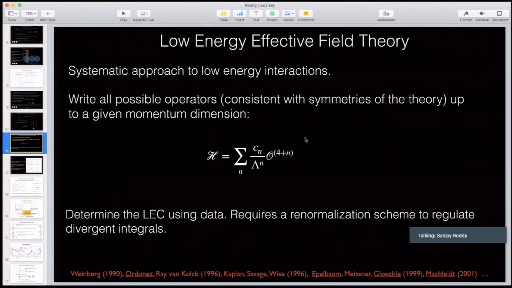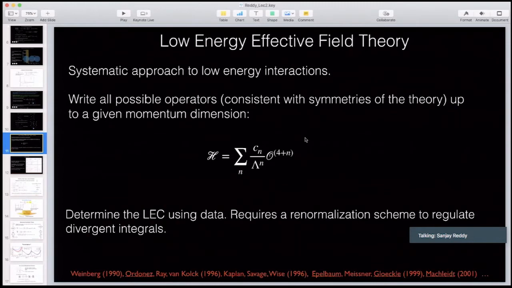So a low energy effective theory has two important ingredients. It has a very general momentum expansion, or operator expansion, of the Hamiltonian. So you're not leaving out anything, and in that sense, it's model independent.